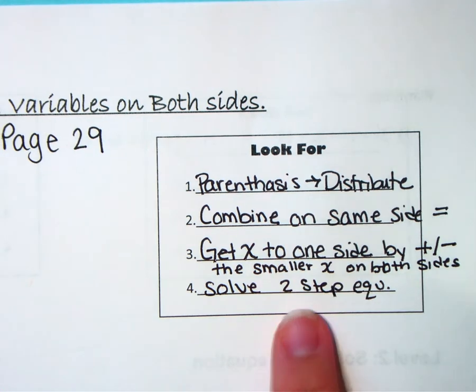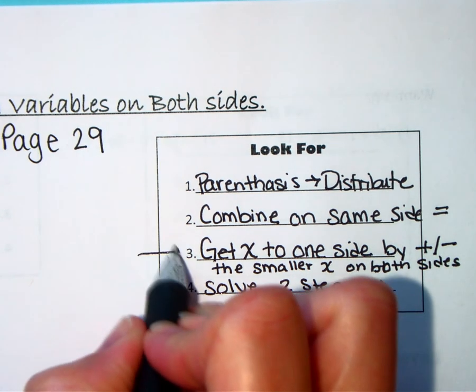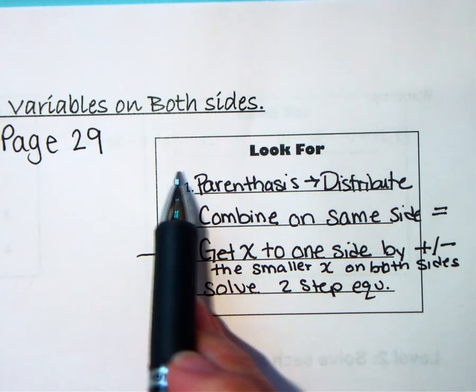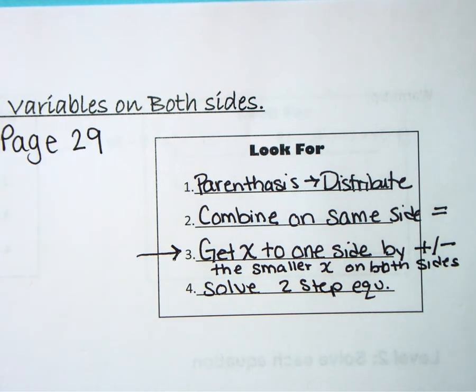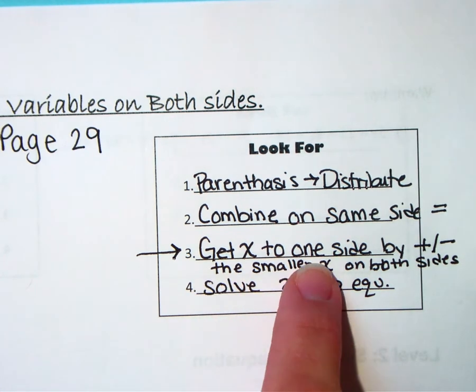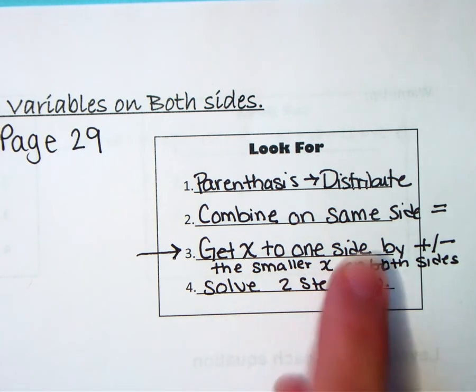Okay, so that's what we're going to keep in mind as we go through this entire standard. But today, we're really just right here. So tomorrow, we'll add on another step as we go through the week. But today, we're just working on how do I get my X's to one side of my equals.